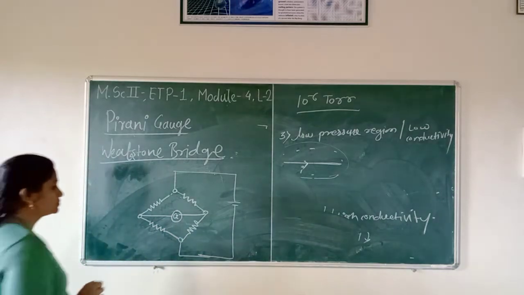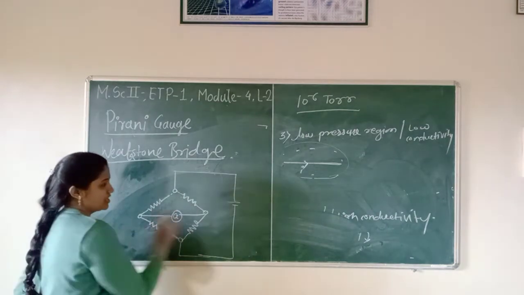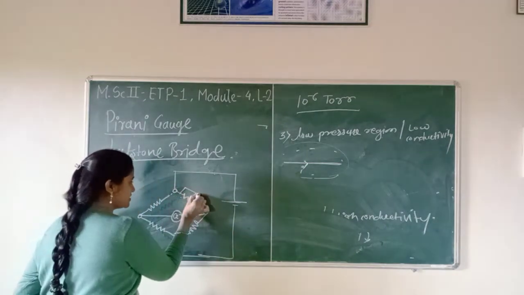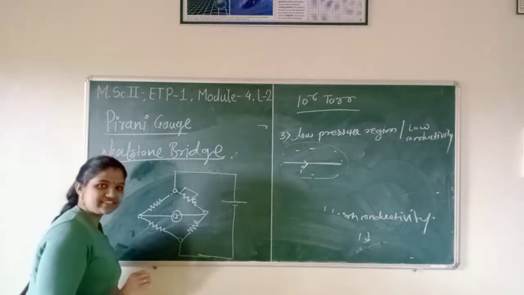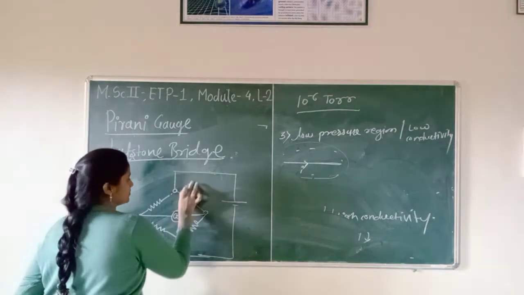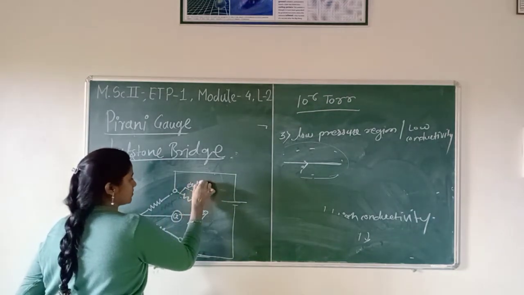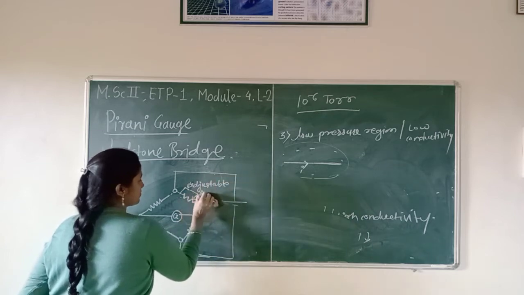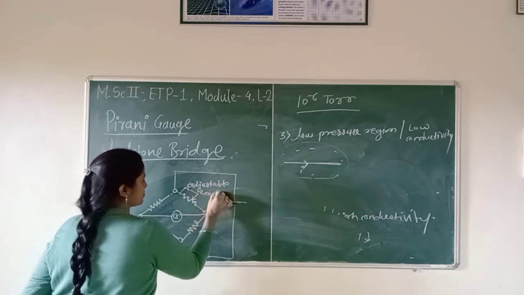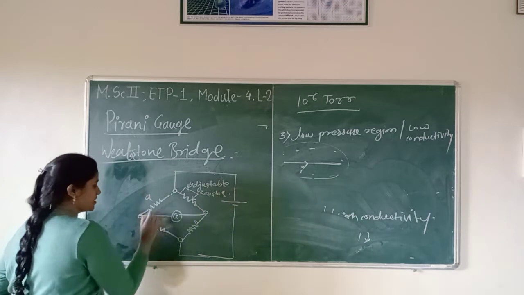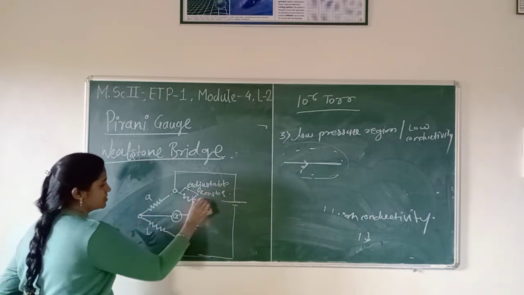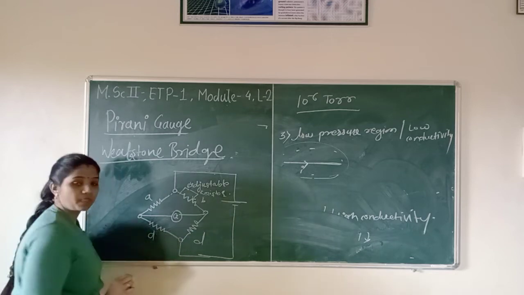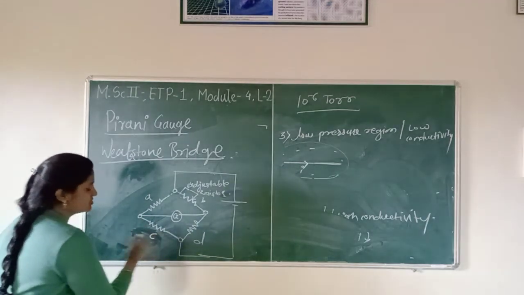Now see here, if this is the Wheatstone bridge and we are providing a power supply from this, and this is an adjustable resistor. If this is A, B, C and D. Okay, A, B, C, D.